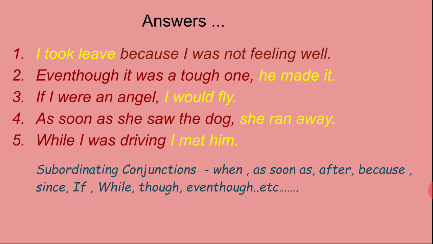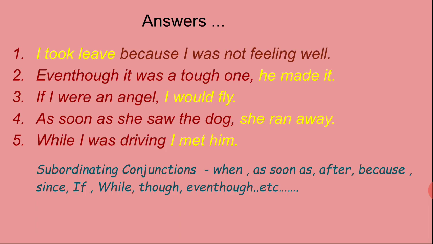While I was driving, I met him. So you might think, look at the first sentence, main clause comes, that means the independent clause comes in the beginning. No problem, it can be anywhere. But if there is one dependent clause and a second independent clause, it is a complex sentence. And the conjunctions are called subordinating conjunctions.